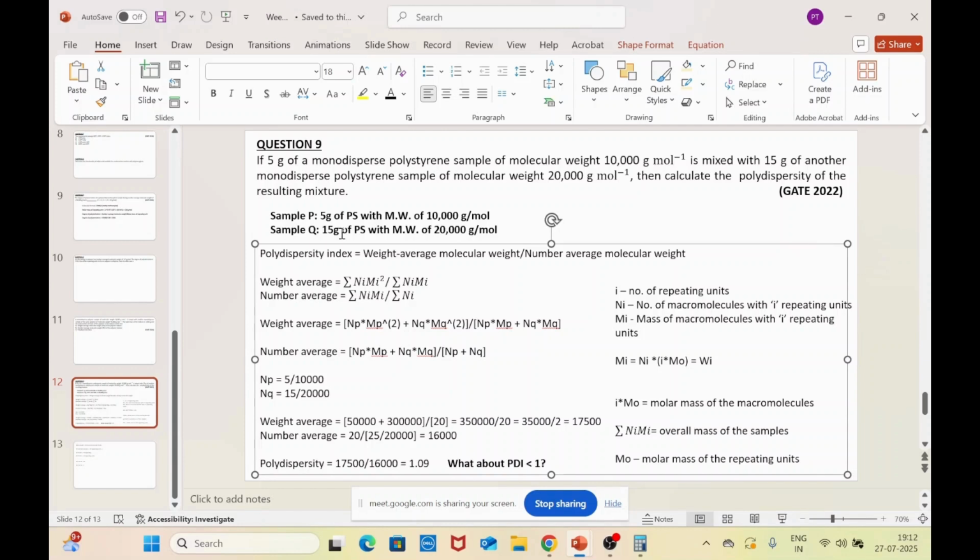Can you write the mass of the macromolecule with the i repeating units divided by the total mass of the macromolecular unit? Mass of the macromolecule with the i repeating units, that is going to be N_i M_i, divided by the total weight of the macromolecule, that is summation N_i M_i.